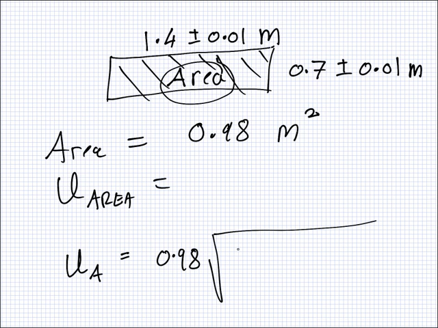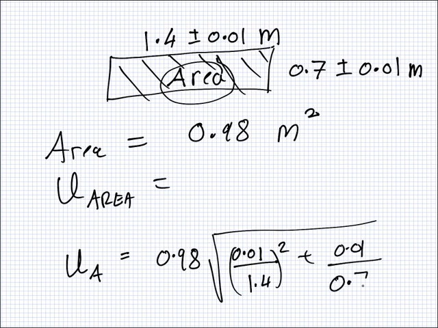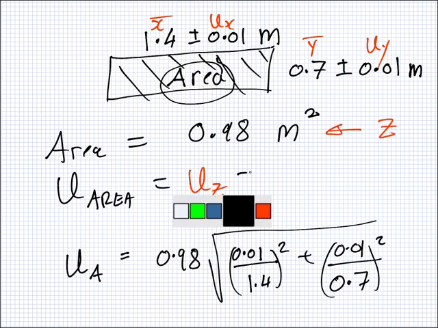What's the uncertainty in the x? It's 0.01 over x, which is 1.4, squared, plus 0.01 over 0.7 squared. So you see, this is like the x, this is the uncertainty of the x, this is like the y, this is the uncertainty of the y, and this is like the z, and I'm looking for the uncertainty of the z.